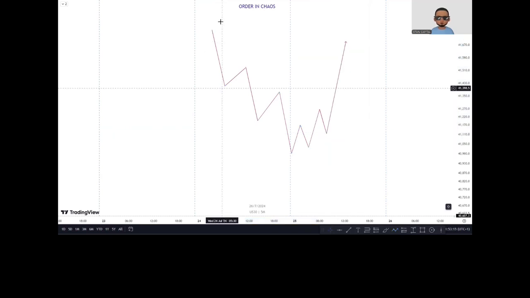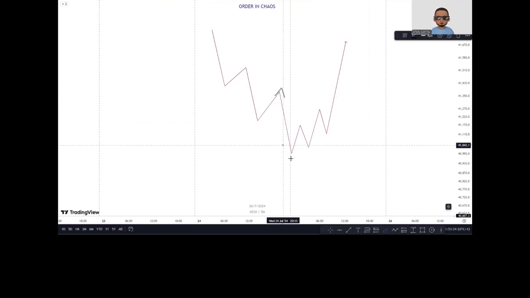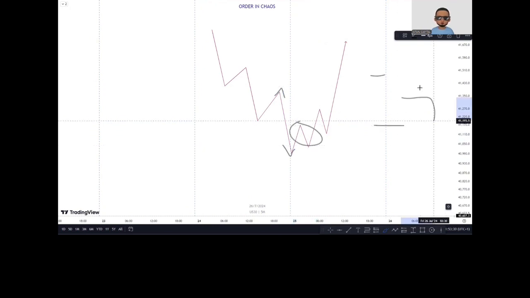This is one of my favorite trading patterns. You also need to have peak formation high, peak formation low, consolidation, peak formation high, peak formation low, consolidation, breakout, closing price, boom. That is a very, very powerful trading pattern.